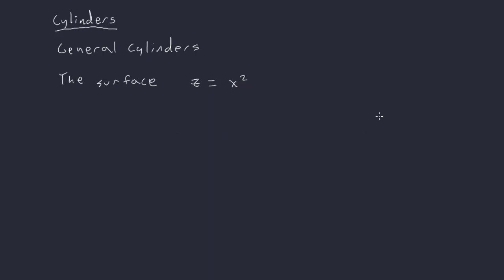Well, if z equals x squared, that means that if we were to graph this curve here, x by z, we would have just a simple parabola. Right? This would be our z equals x squared.